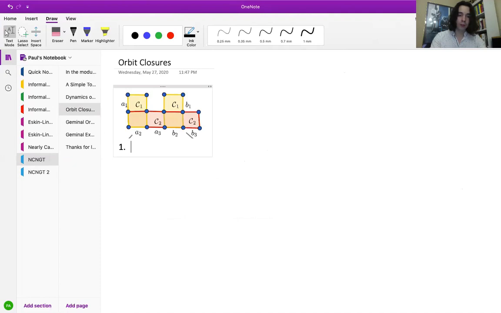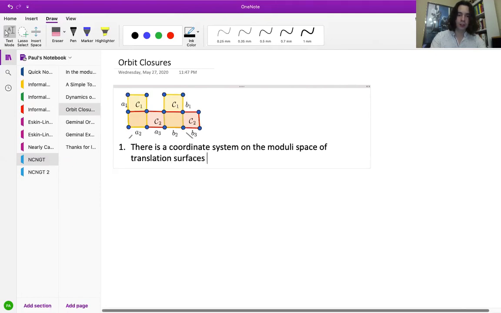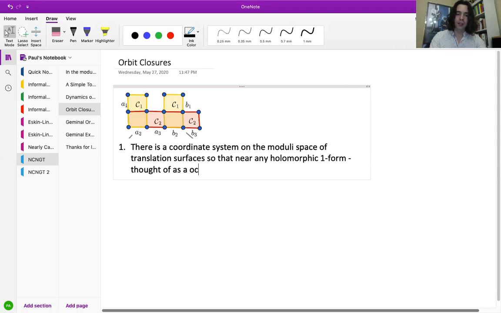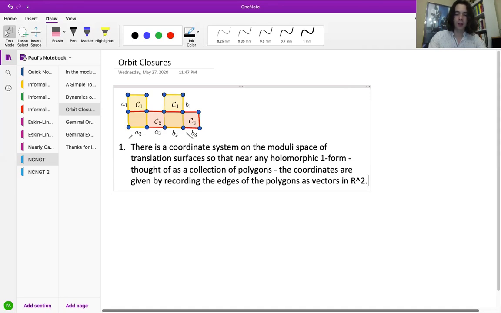So first of all, I want to say that there is a coordinate system on the moduli space of translation surfaces, so that near any holomorphic one-form, which we thought of as a collection of polygons, the coordinates are given by recording the edges of the polygons as vectors in R2.